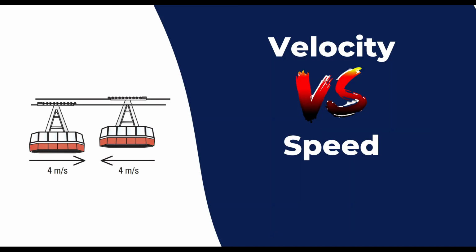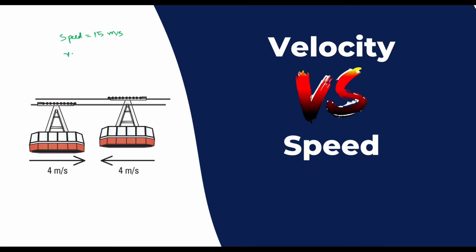Now, as we mentioned, there is a velocity and there's a speed. So you can say speed is related to value. Let's say speed equals 15 meters per second.